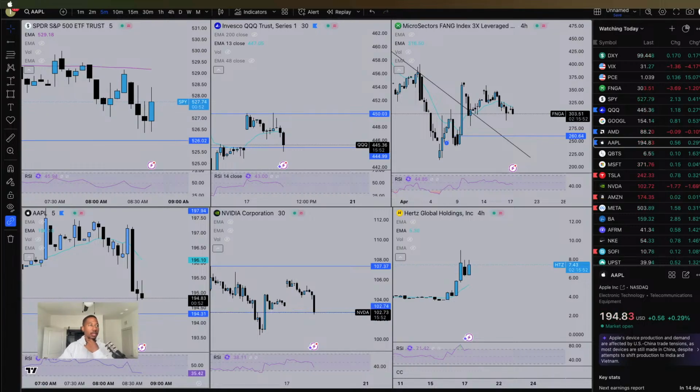Oh, they got an Nvidia call on here now too. All these are day trades, so it's kind of lining up for this being a good area of support.